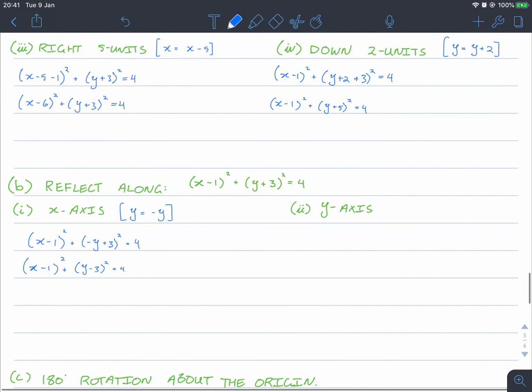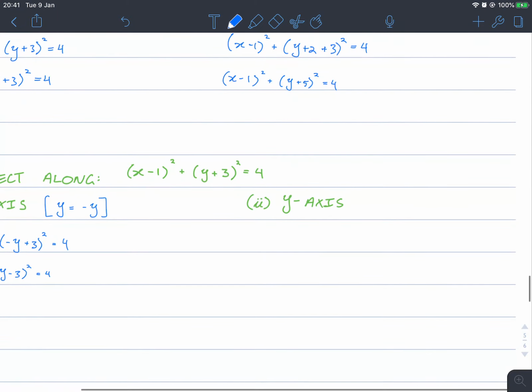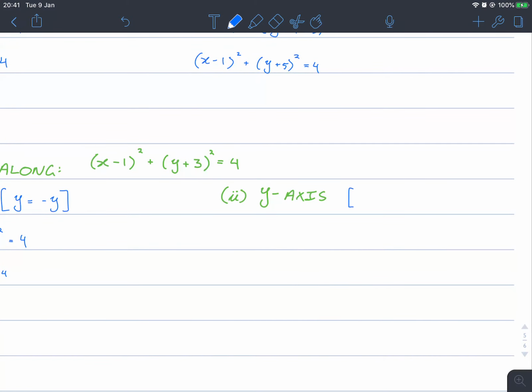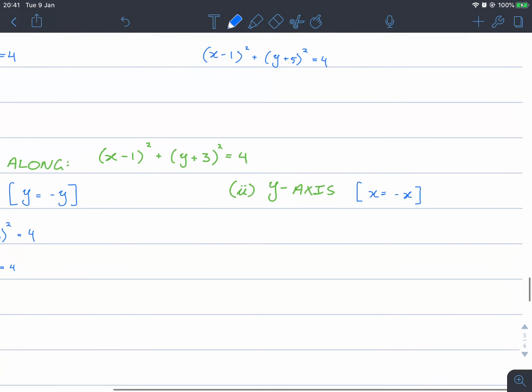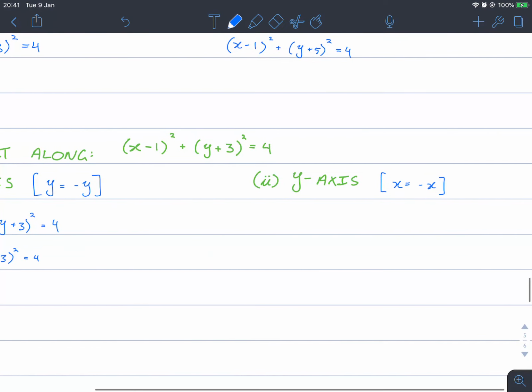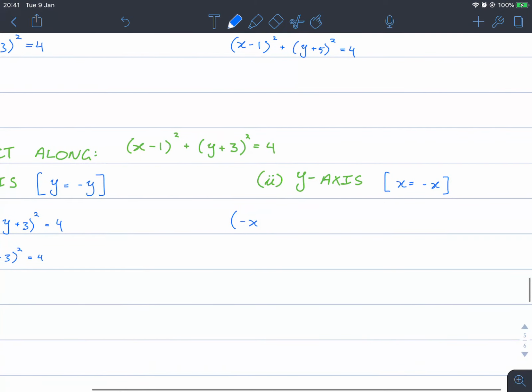Let's do this the same way along the y-axis. We let x become negative x. This will give us negative x minus 1 squared plus y plus 3 squared equals 4.